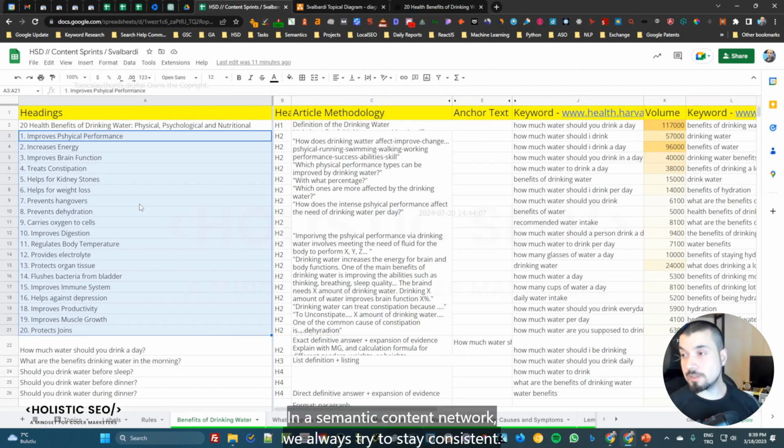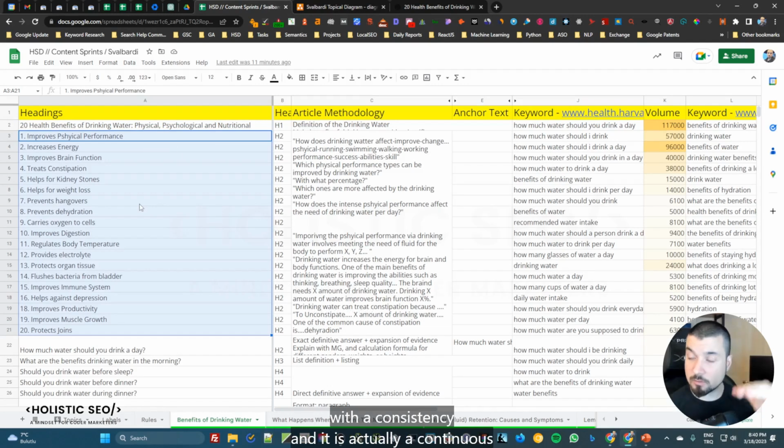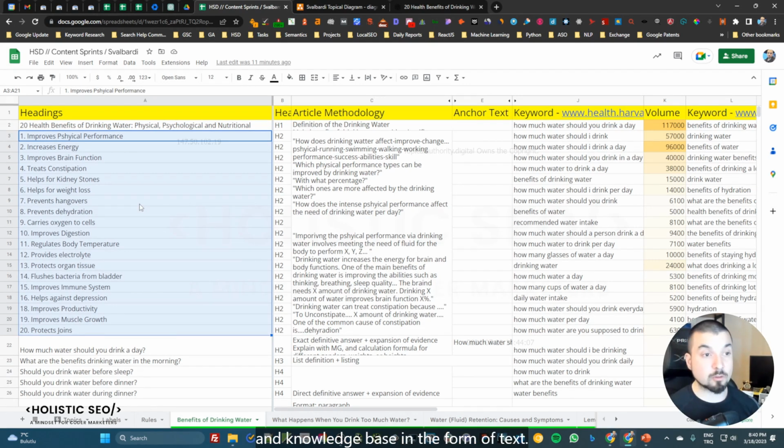In a semantic content network, we always try to stay consistent. We don't tell contradicting things, and we don't forget what we have written before. We construct everything with order and consistency, and it is a continuous and aligned thought stream for constructing a knowledge base in the form of text.